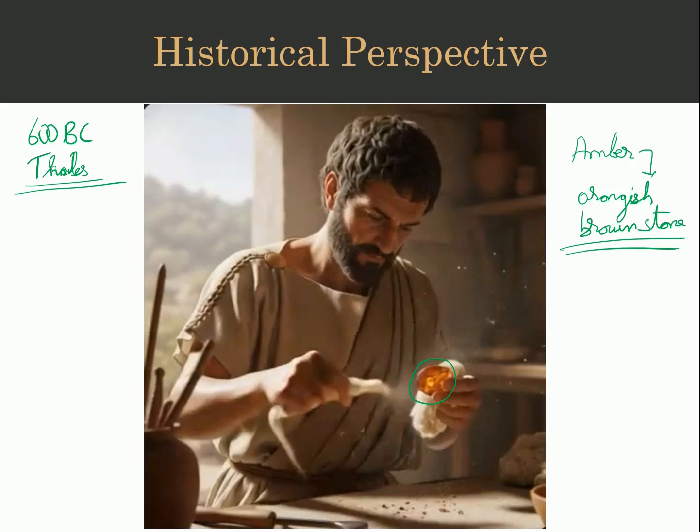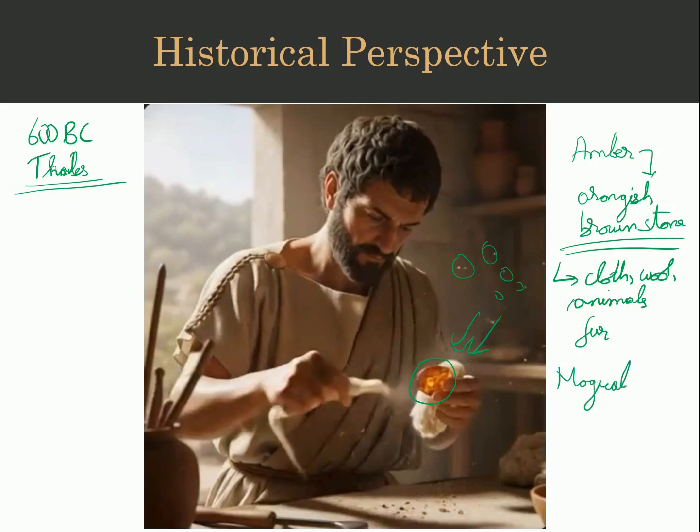So basically he took this piece of amber and started rubbing it with a piece of cloth, sometimes wool or an animal's fur. And to his surprise, he saw that various dust particles in nature were attracted towards this amber. Since the Greeks were more philosophers than scientists, they decoded this phenomenon as something magical.